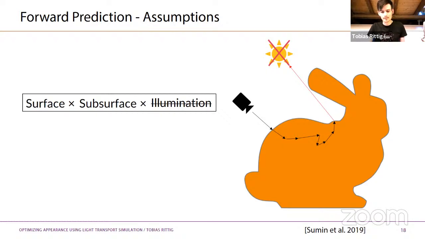And this makes sense because later on when we 3D print this object, then the reality will essentially be multiplying the illumination on top of our objects. So if we assume a 1 there, then it will just work with any illumination, so to say. This is very generalized. Don't nail me down on that.